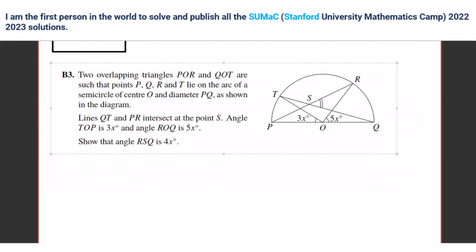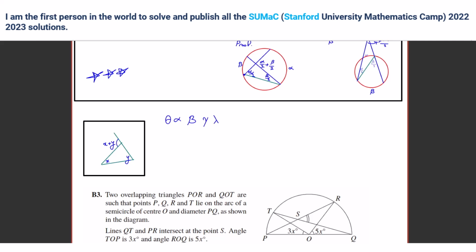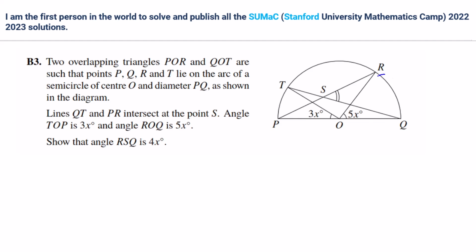Okay, we want to solve this one again. This is 5x, so it is a central angle. So what's arc RQ equal to? Arc RQ equal to? 5x. Exactly.